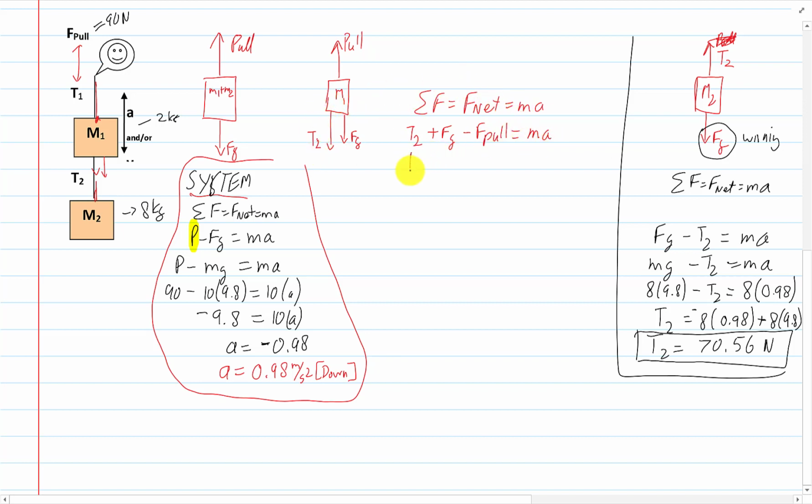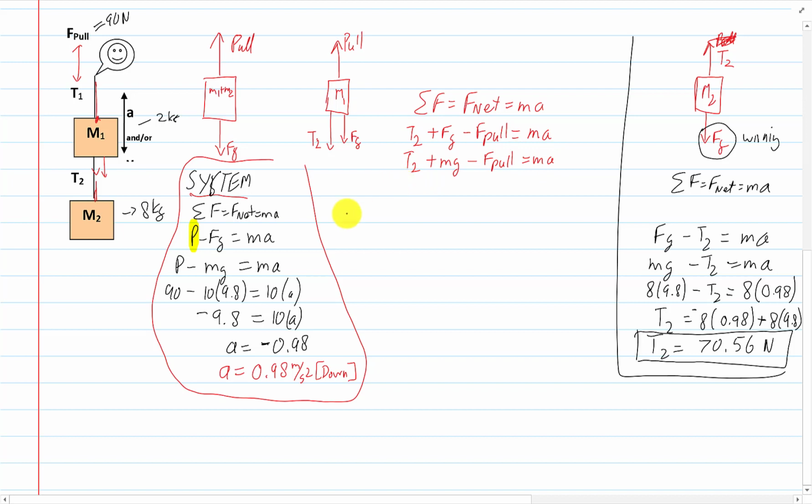So T2, well, let's just leave it as T2. T2 plus mg minus F pull equals MA.